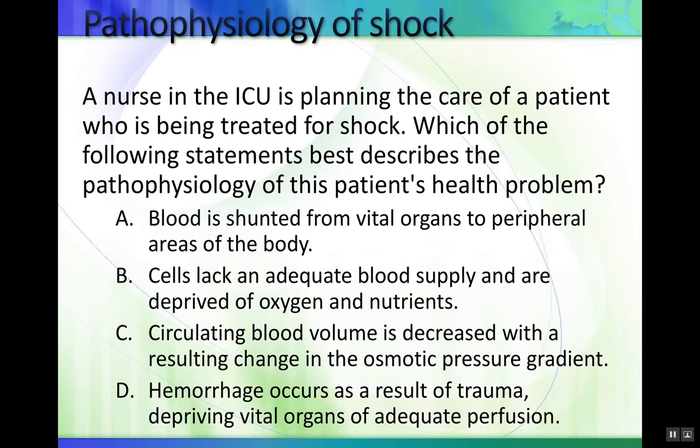So the patient's going to have issues. Pretty much any time you have this, you're going to have someone with a low O2 sat, so you're going to want to put oxygen on them. We're going to end up needing to give them fluid replacements or some type of fluid. So that's one of the most important things, that the cells are going to be deprived of oxygen and nutrients.